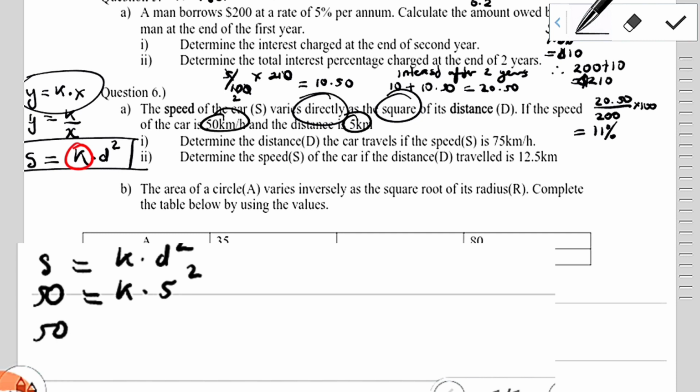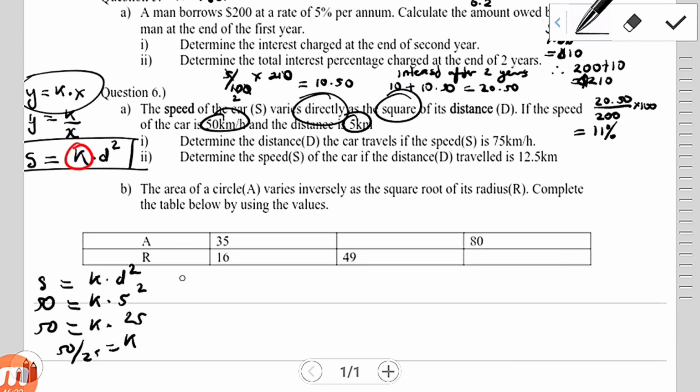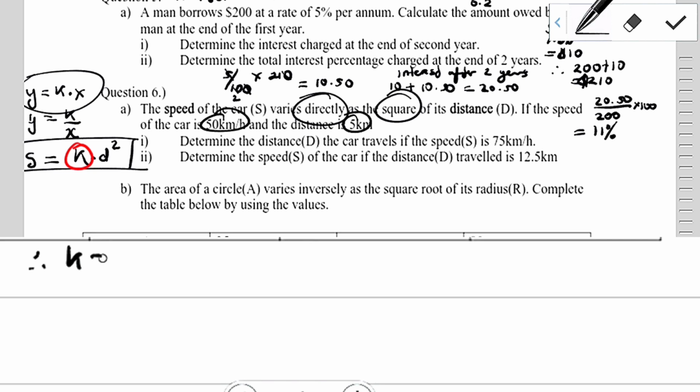Mathematically, 50 is equal to k multiplied by 25. In order to find k, we divide both sides by 25. So 50 divided by 25 gives k equal to 5. Our constant of proportion here is 5.